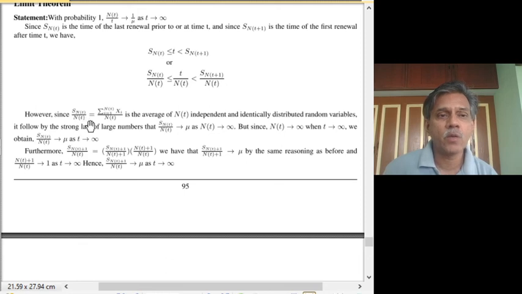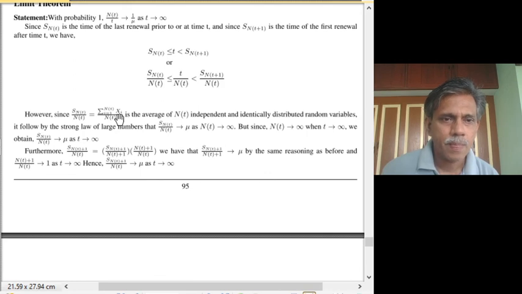So N of t renewals have taken place, and let x1, x2, x3 be the times between those renewals. So S of N of t is the sum of x_i, i varying from 1 to N of t, where the x_i's are all realizations of the generic distribution x, divided by N of t. So this is the average. In the limit t tends to infinity, N of t tends to infinity, so this is the ensemble average of x.